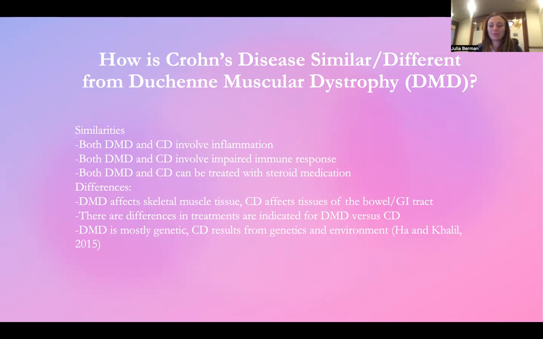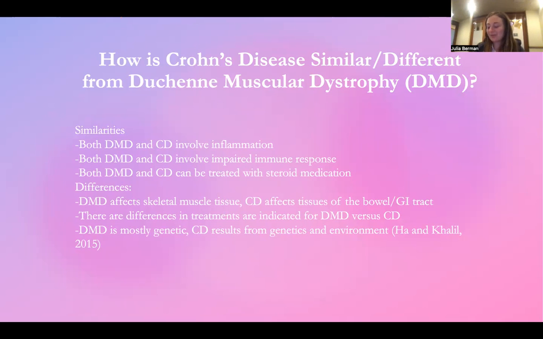Crohn's is more of an interplay between genetics and environment. Most of the studies for Crohn's focus on stem cell trials and anti-inflammatory medications, such as anti-TNF medications. There are fewer gene therapy trials for Crohn's relative to DMD.